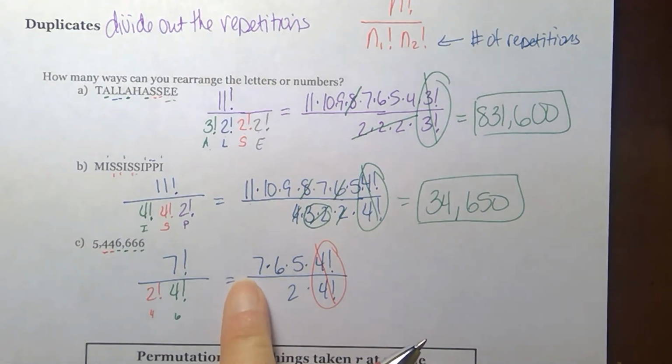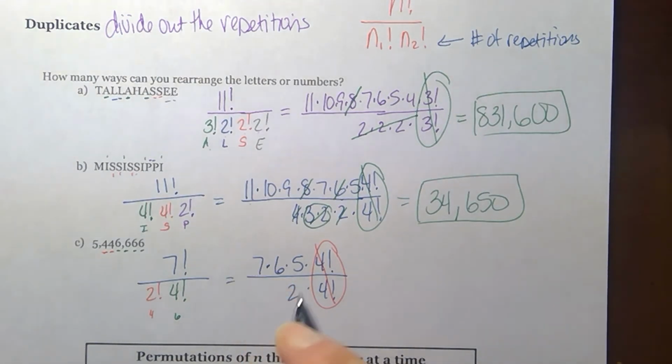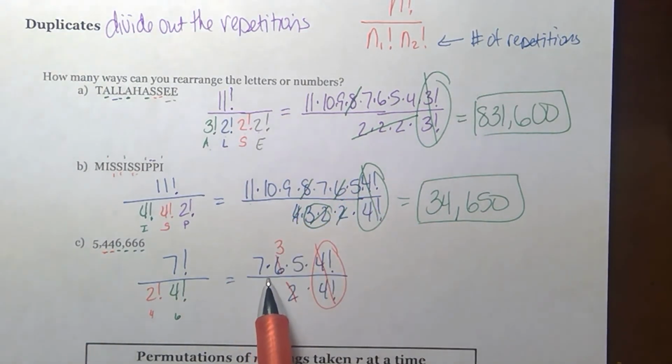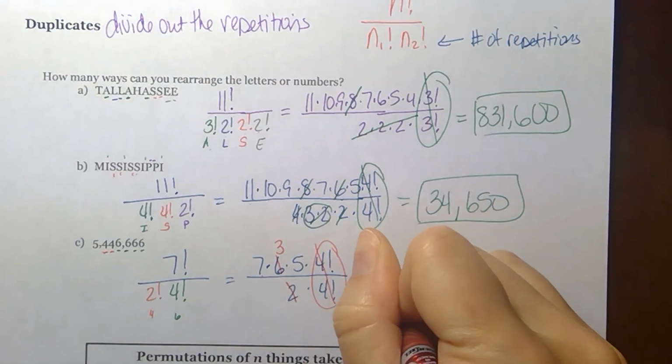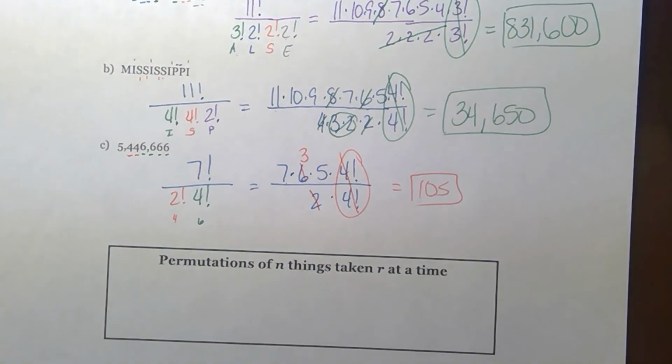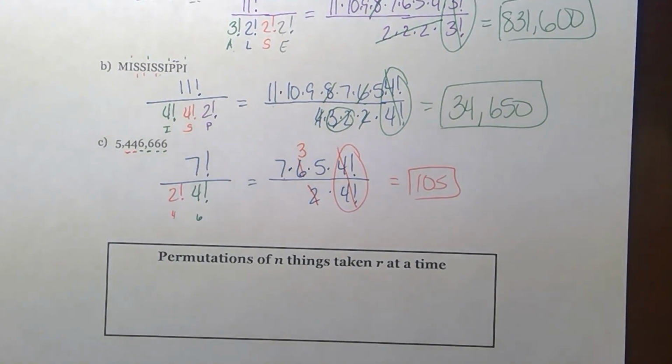And then I can do this multiplication in my numerator and divide it by 2. Or I could go ahead and say, you know what, 6 divided by 2 is 3. So my numerator becomes 7 times 3 times 5, which is 105. 105 different ways to arrange those digits.